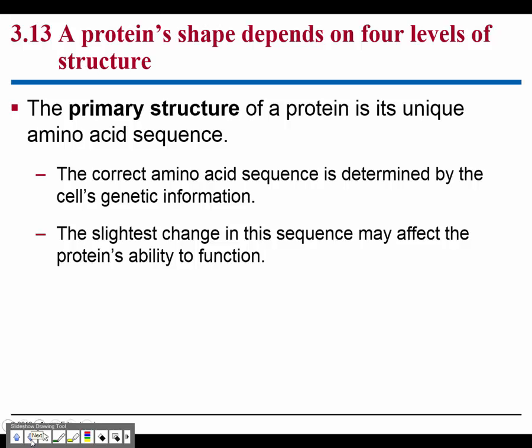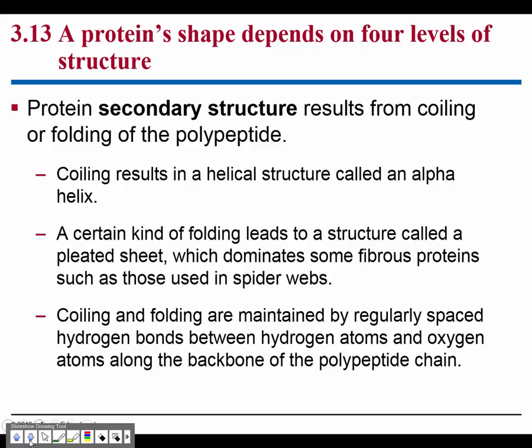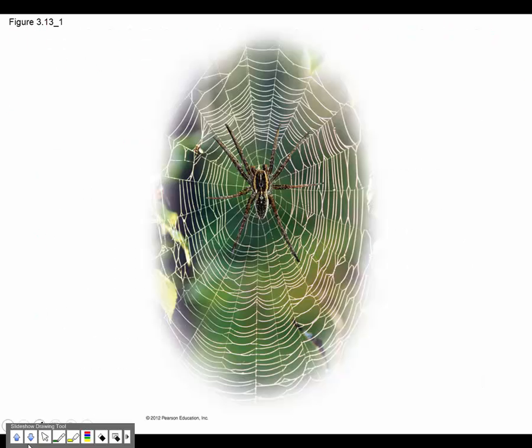The slightest change in that sequence of the polypeptide will affect how the protein folds and will affect its ability to function. So the second is when it starts coiling or folding. So when it coils up, it results in a helical structure, or when it folds, think of kind of like a pleat. And so you get that kind of pleated sheet, and so those are secondary structures.